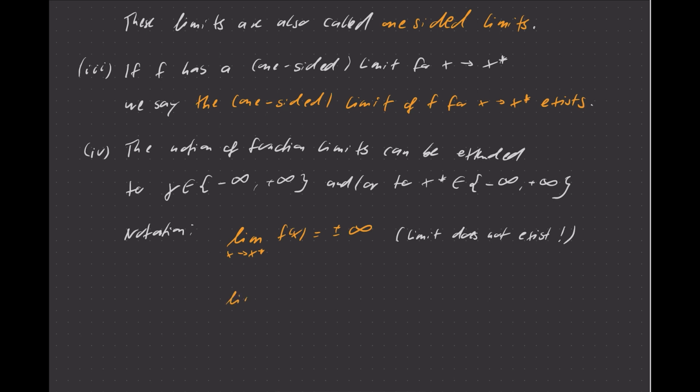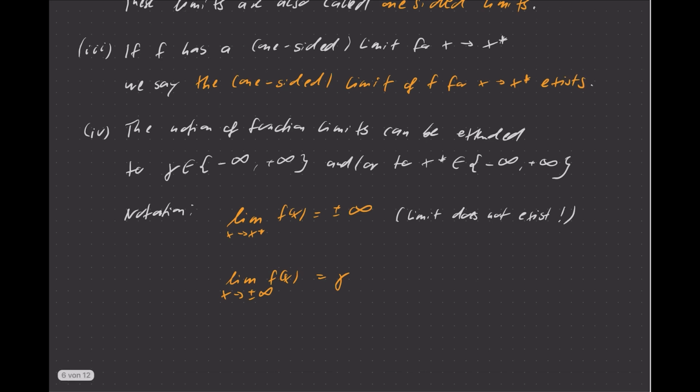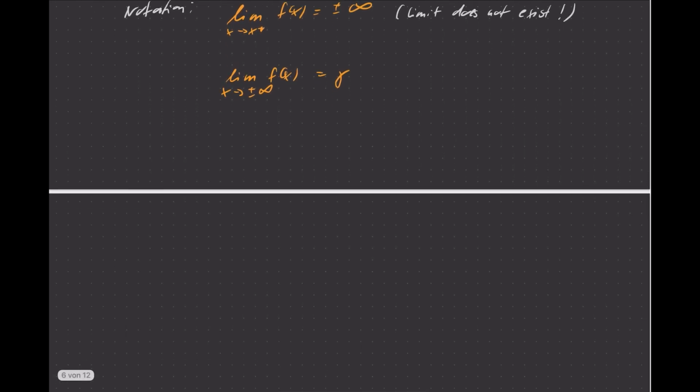And for the case of x star being plus or minus infinity, we just use that here. X tends to plus or minus infinity. That is, of course, necessarily a one-sided limit in that case, but we will not use the notation for one-sided limits here. Just out of convention, we just use f. Limit of f as x tends to plus minus infinity as usual, and that will be gamma. And that limit can, of course, exist if gamma is finite, or could not exist if gamma is infinite. So that is the precise definition of a function limit.